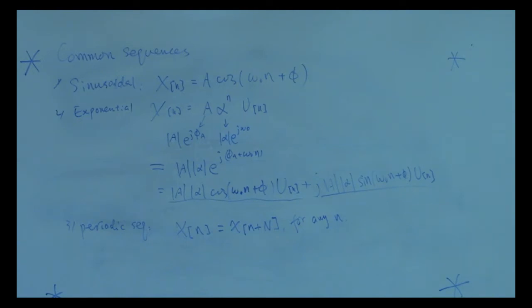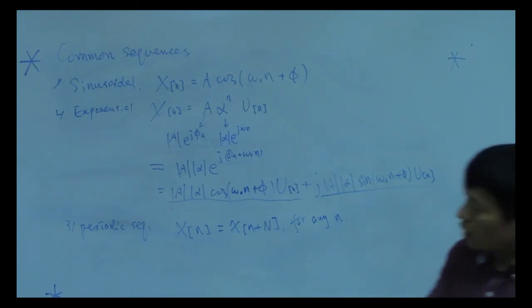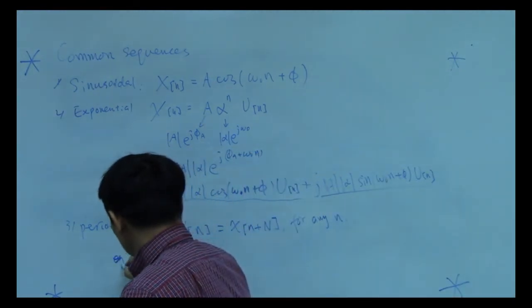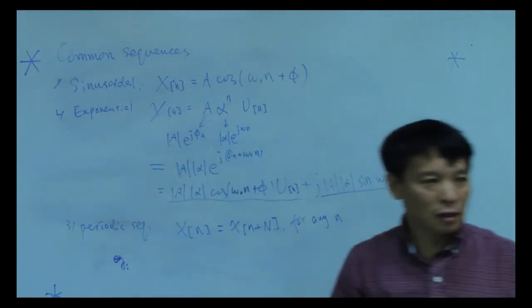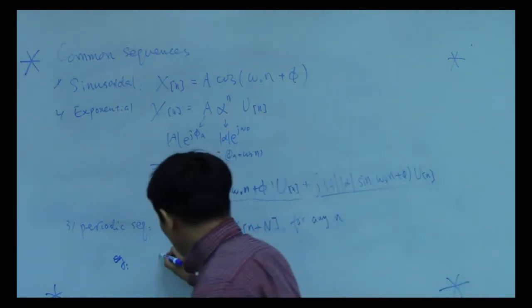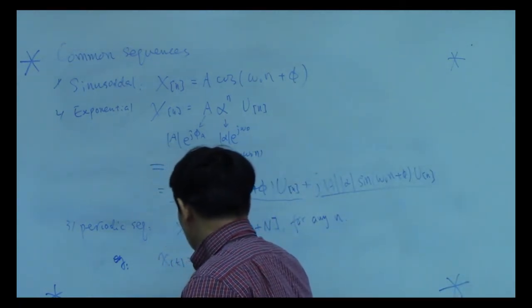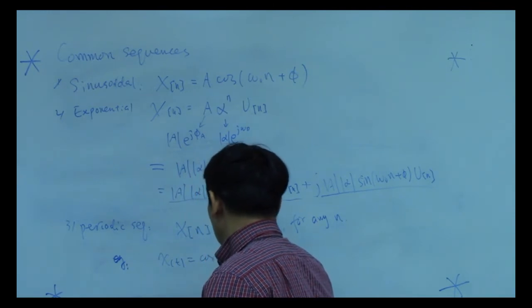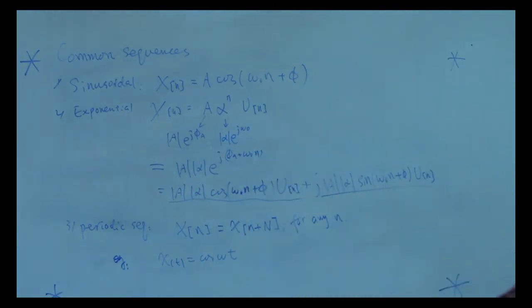Okay, so this is the difference between continuous time and discrete time. Example. First one, we consider continuous time. x(t) equals cosine omega t. Is this a periodic signal?